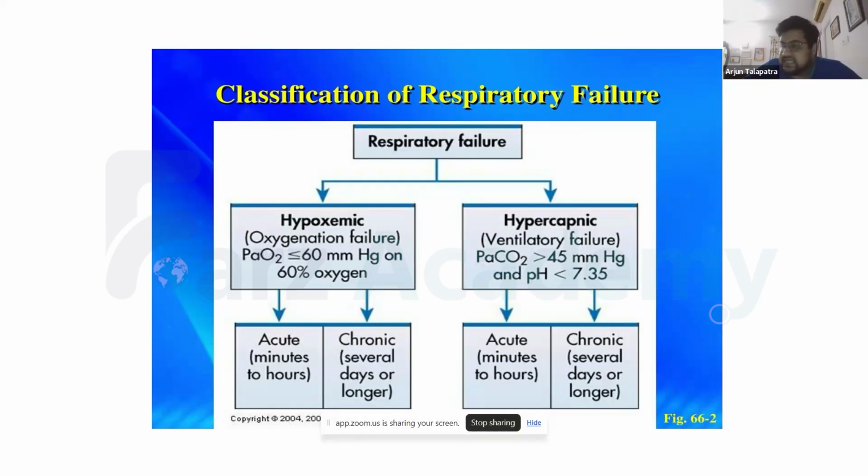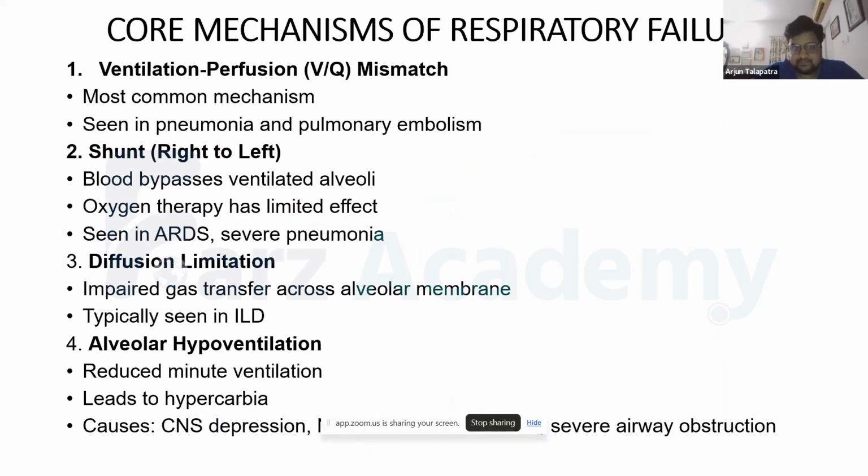Right? That is another way of dividing your hypoxemic respiratory failure. Hypercapnic respiratory failure, again, similarly can be divided into acute or chronic, right? Acute, which develops within minutes to hours, and chronic, which develops over several days.